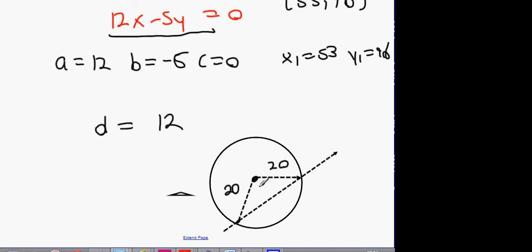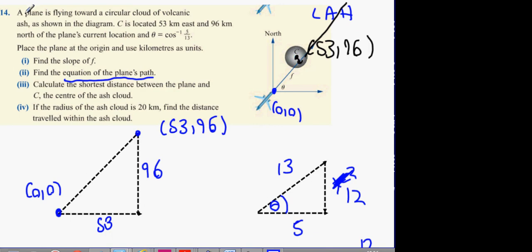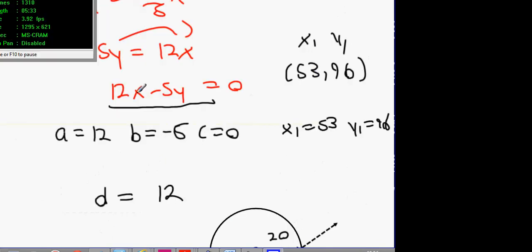You then use the number 12, because you're told that it travels a distance 12 away from the center. Use Pythagoras' theorem. Find out the value of x. Then double that value to find out how much distance you actually travel through the cloud. Is that alright? Yeah. That's your end of that question.